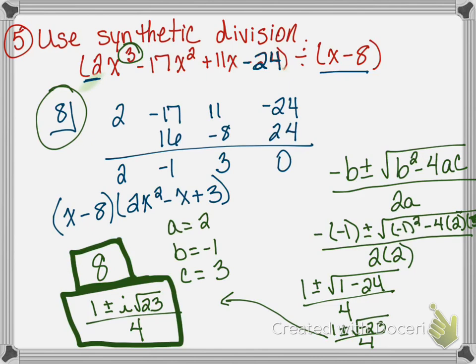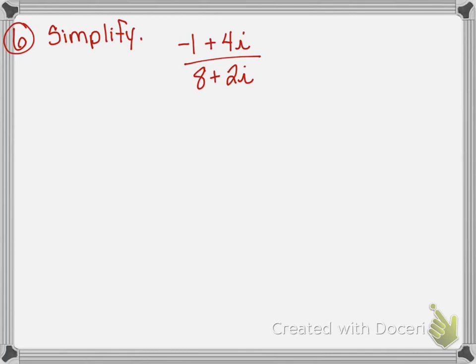Okay, now number 6 is asking us to simplify, and we are going to simplify with this one. This has a complex number in the denominator of a fraction, or the denominator of a rational. For something to be truly simplified, we have to get rid of that 8 plus 2i.